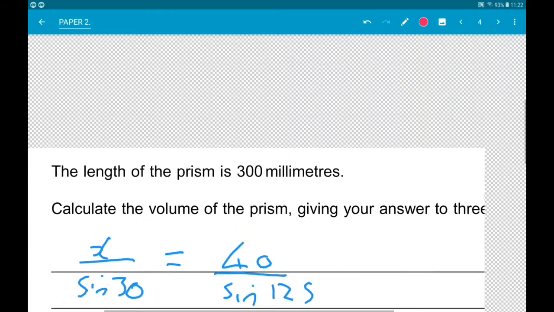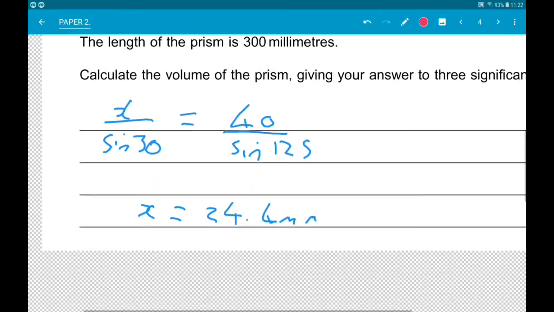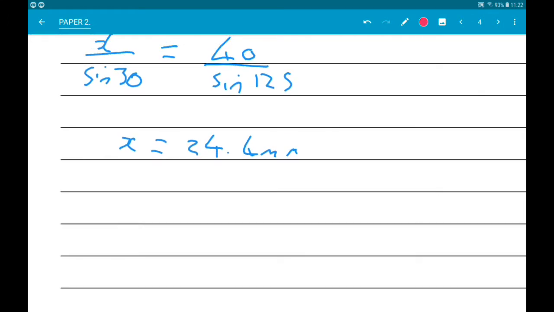Okay, so now that we know that, we now have an angle with 2 sides coming out of it, so we can now work out the area. So, the area is 1/2 times 24.4 times 40 sine 25.